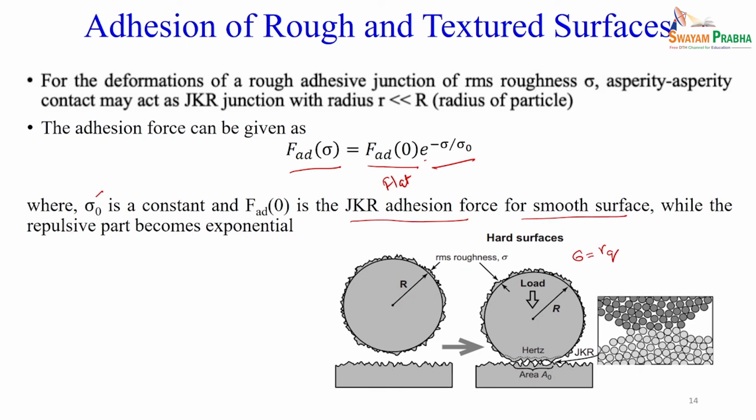To define adhesion, we discussed two theories, the JKR and the Hertz theory. JKR says there is adhesion and deformation, while Hertz says there is no adhesion and a very minimal contact between either two spheres or the sphere and the solid surface.